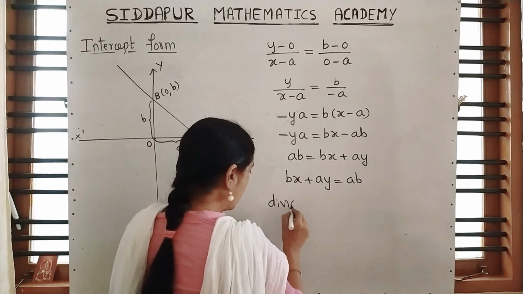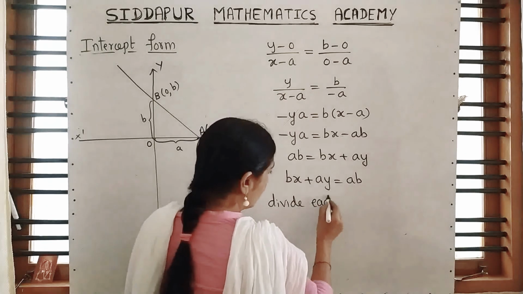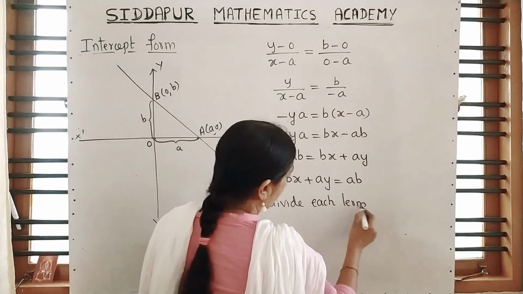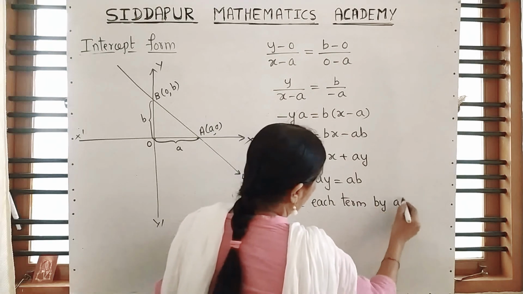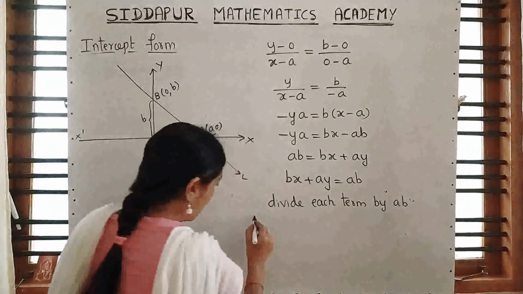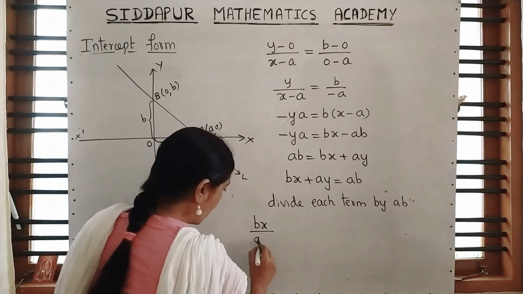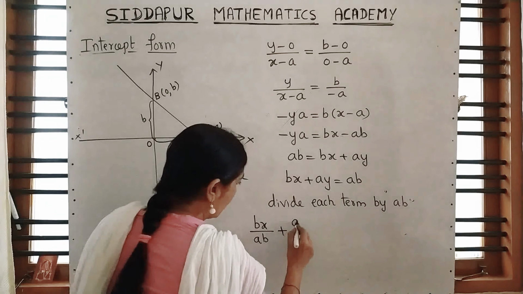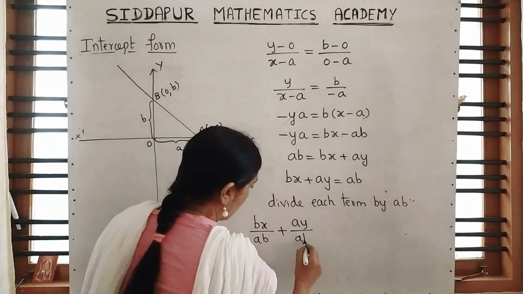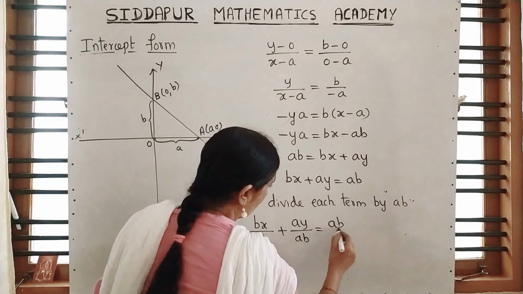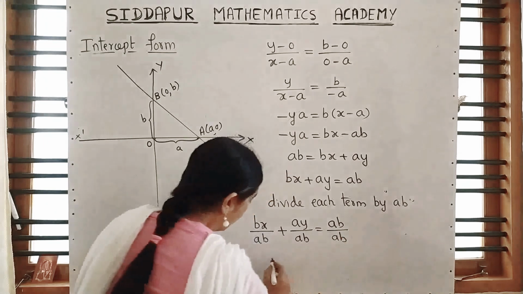Divide each term by ab. That is bx upon ab plus ay upon ab is equal to ab upon ab.